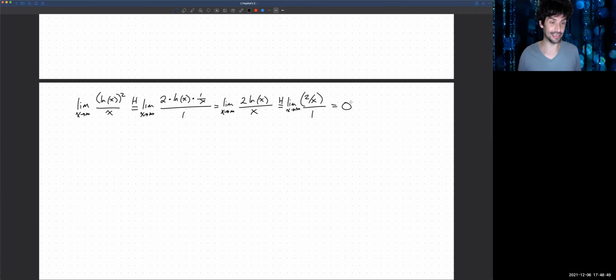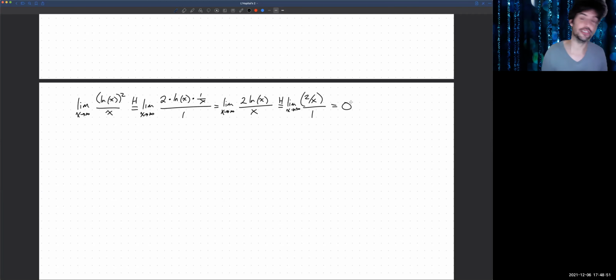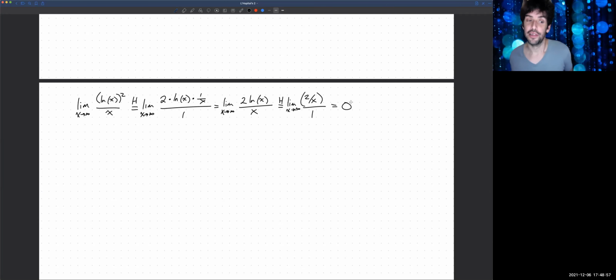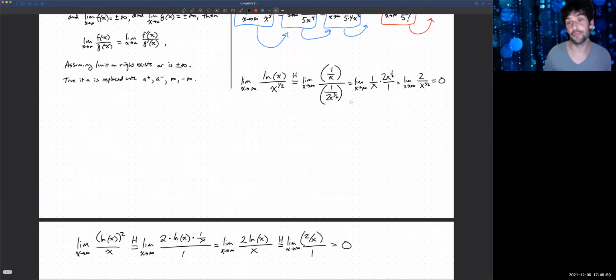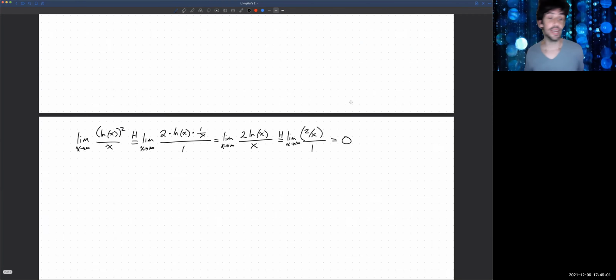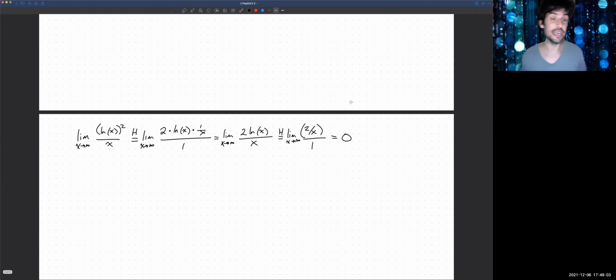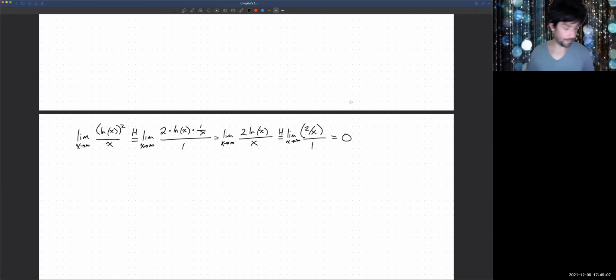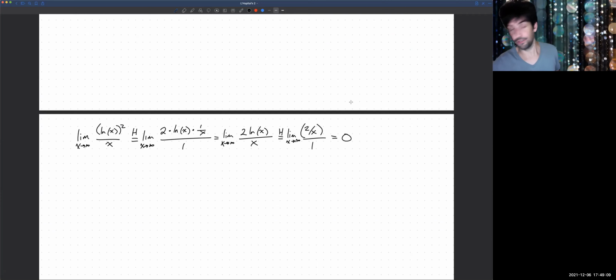Right, so this comparison is right. I'm setting them up in these fractions, so they're fighting each other. The top is trying to make it big, the bottom's trying to make it small. If my limit ends up being 0, the denominator is winning. If my limit ends up being infinite, the numerator is winning. Later, we can do some examples where we end up with a number, and it's sort of like they met in the middle, right? Okay, that's it for this one.